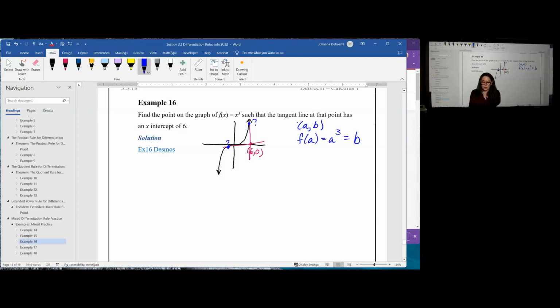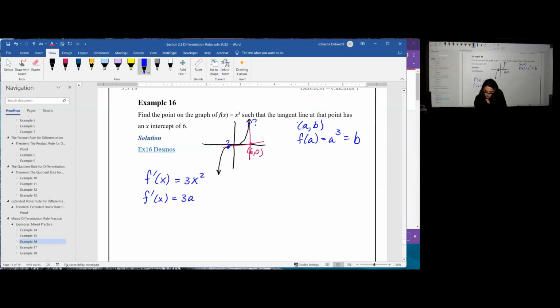So the first thing I'm going to go ahead and do is compute the derivative. To compute the derivative, I apply the power rule to x cubed, getting 3x squared. Now I'm looking for the derivative at the ordered pair a comma b. That means that I can substitute a into the derivative to find the slope of the tangent line there.